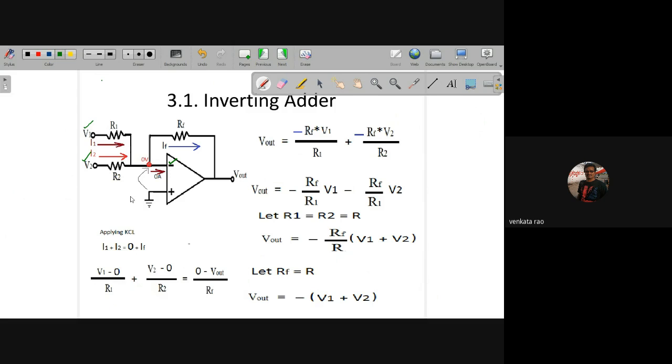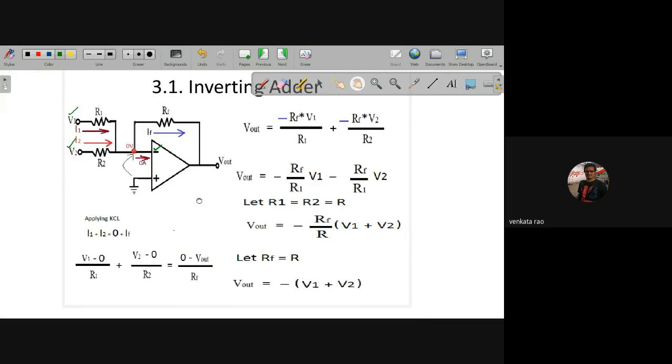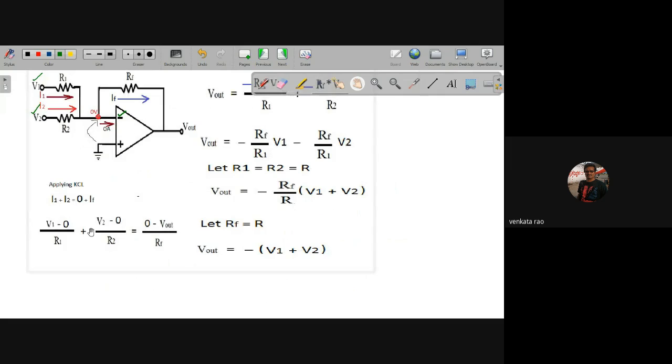So this is the regular procedure. Already we completed that. Now I will explain in a simple way how to write the output equation for this. I'm applying the superposition theorem.